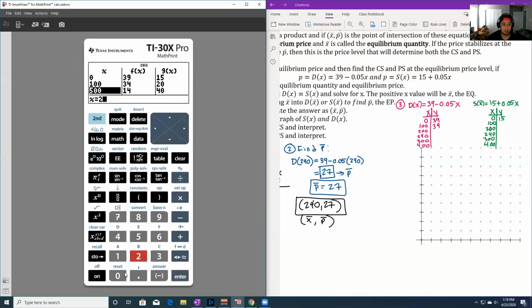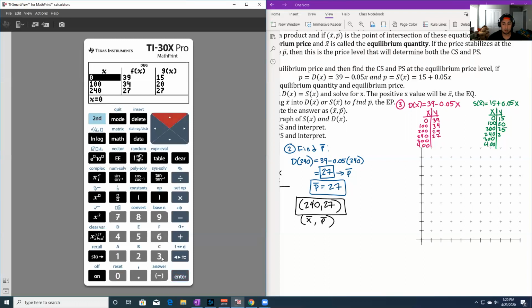Type in 200, I get 29, and I get 25. And then type in 240, we know what we get there. We both get 27, because that's our equilibrium point.